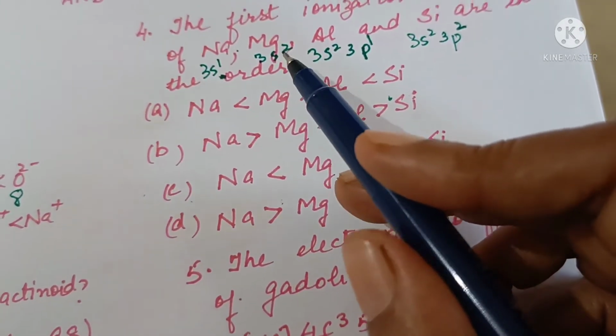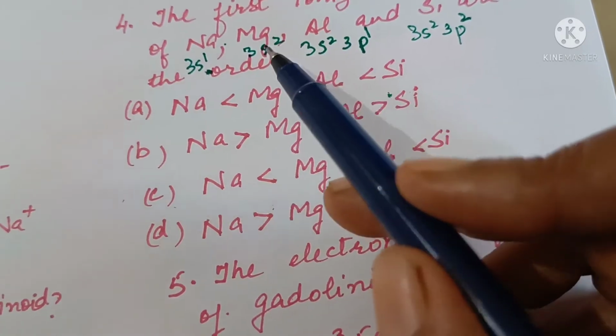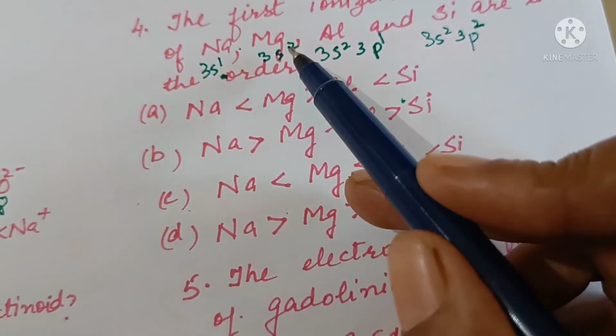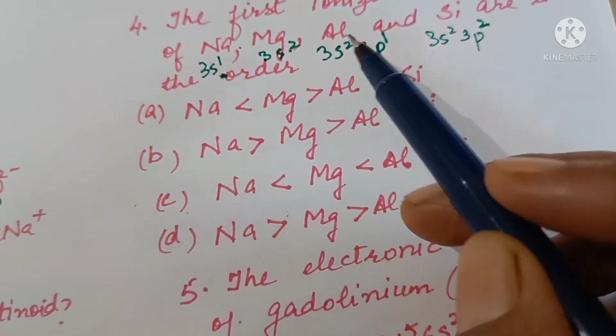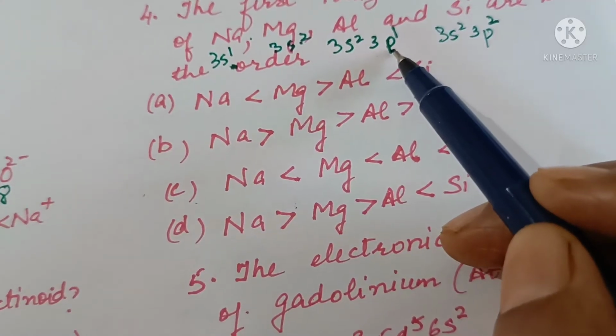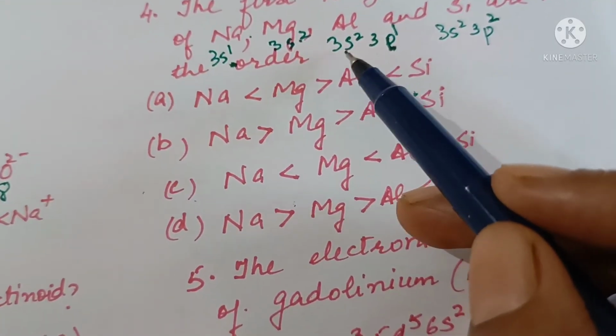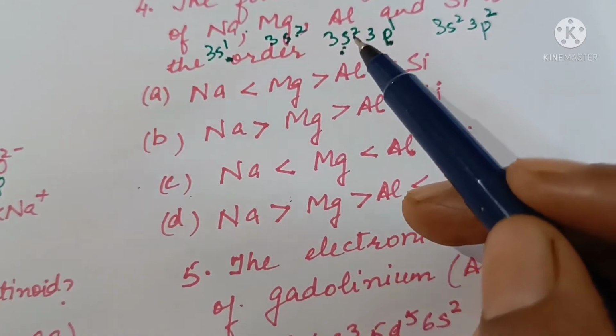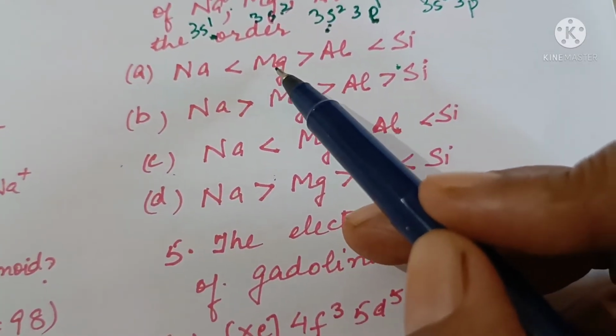But if we compare between magnesium and aluminium, the electron is to be removed from fully filled s orbital in case of magnesium, whereas by losing the electron of p orbital, aluminium gets a fully filled s orbital. So ionization enthalpy for aluminium will be less than that of magnesium.